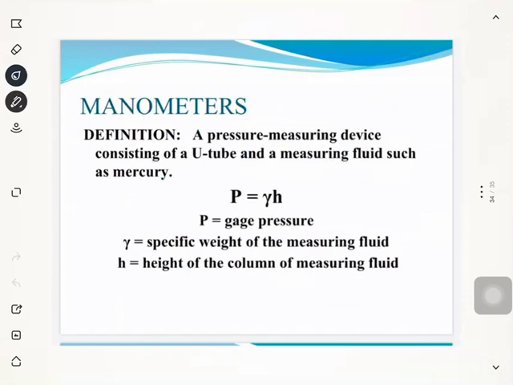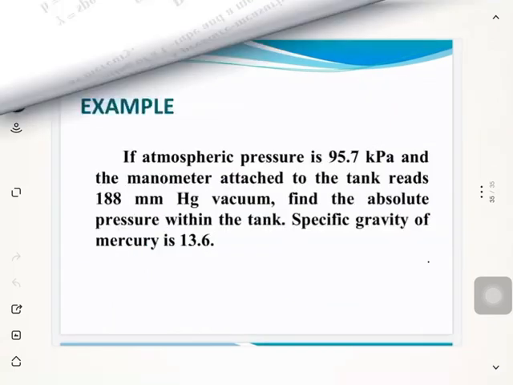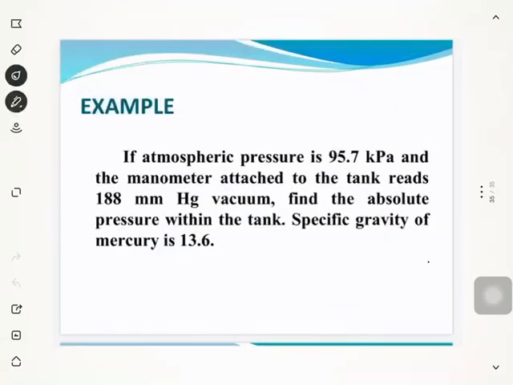So in order to relate these pressures in terms of the specific weight and the height, you have these manometers. A pressure measuring device consisting of a U-tube and a measuring fluid such as mercury. So pressure is equal to specific weight times the height of the column of measuring fluid.